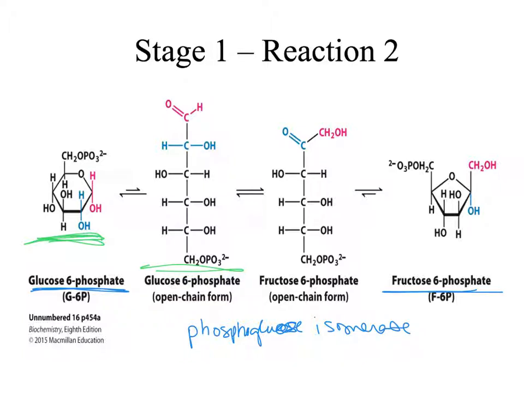And once we have the open chain form, then we can have the isomerization take place, which is just this rearrangement of the substance. And once we are able to undergo this isomerization reaction, then we have to facilitate the ring closing so that we end up with this closed ring structure of fructose 6-phosphate.